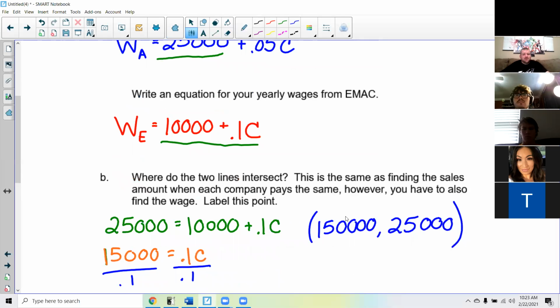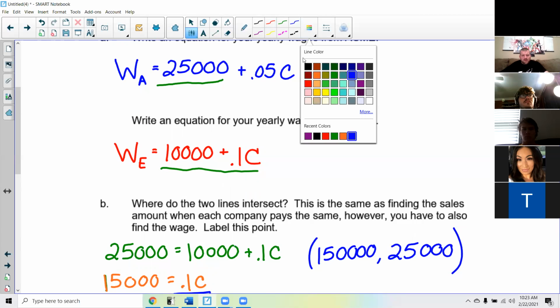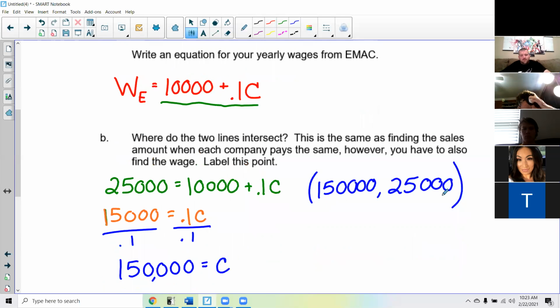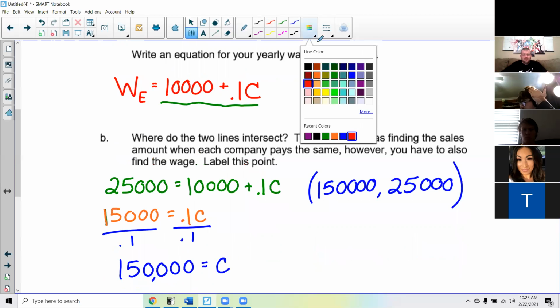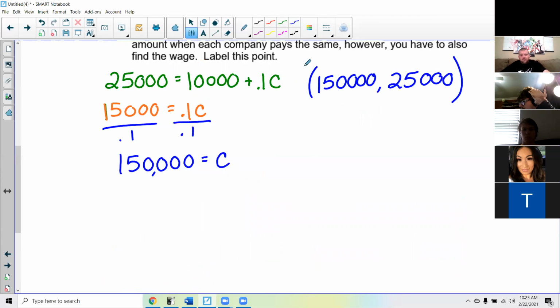And then if I want to know how much I'm actually making when they're the same, I'd have to plug it back in, which I'll show you, I think, on the next problem probably. But for right now, since I know Acme pays a flat rate of 25,000, that's how much I'm earning at either company if I sell $150,000 worth of stuff. So there's my intersection point.